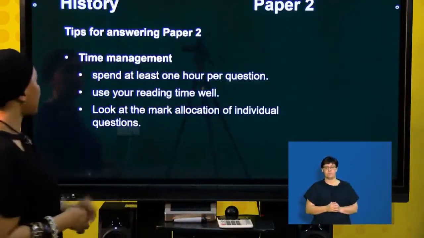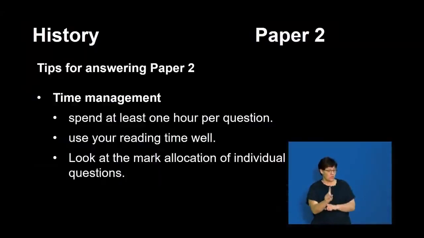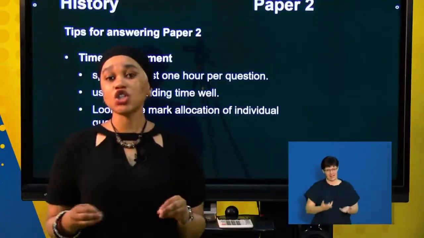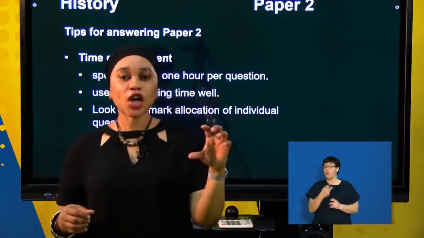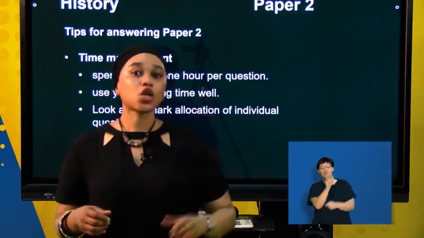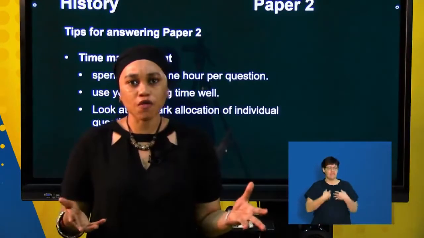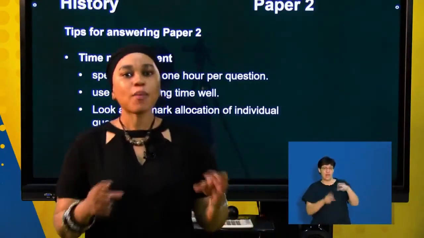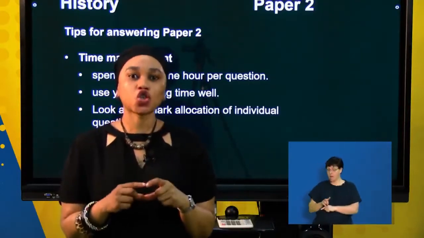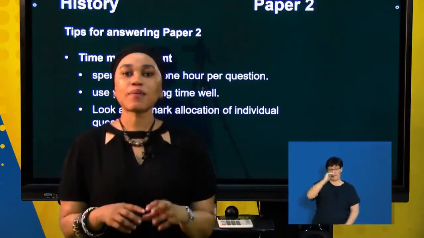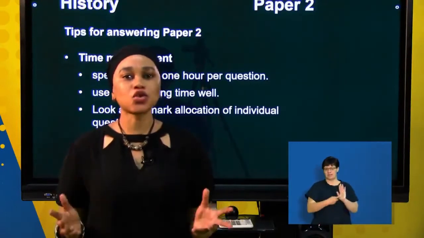Okay, and another very important thing is that you look at the mark allocation for individual questions. Now, you are historians, you've been writing history exams for a very long time. You know that mark allocation is very important. So what will often happen is that the instruction word in the question will tell you to give 2 or 3 things, whatever the question is looking for. But the mark allocation is also a guide as to how much you should write. For example, if something is out of 2 marks, they're expecting 2 points.